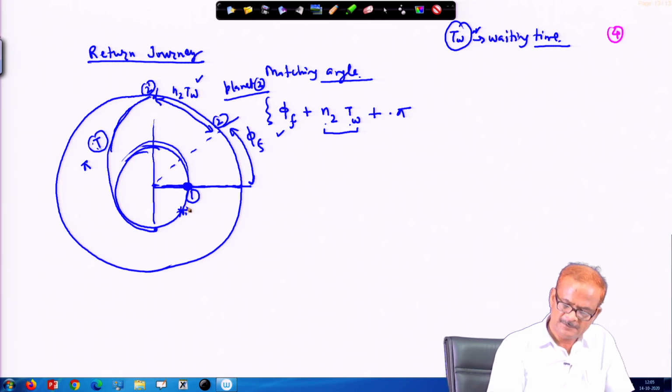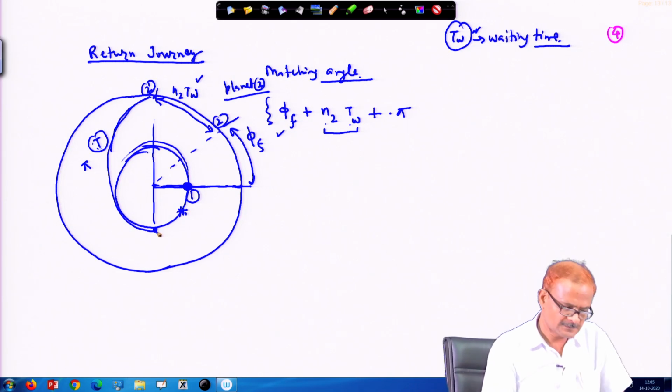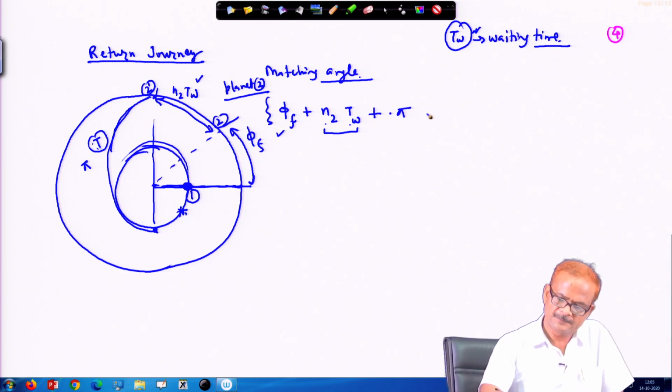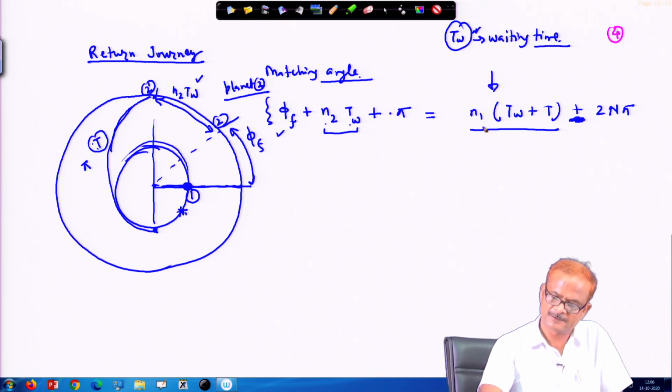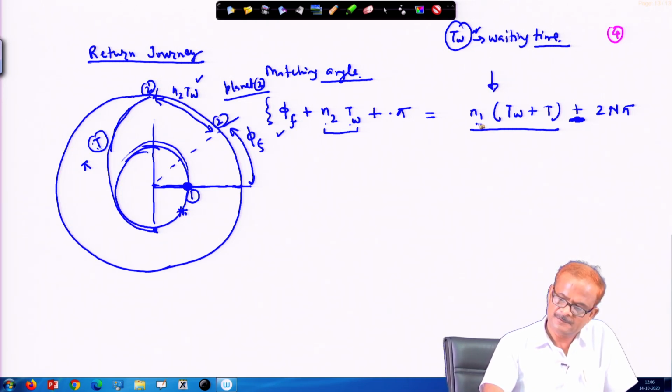So, that means the earth has to cover certain distance such that your angle is matched. So, here we write this as phi, we will return back to this. So, n 1 times T w plus T plus minus 2 n pi. Let us look here in this quantity first. What is this? N 1 times T w plus T. What is this?